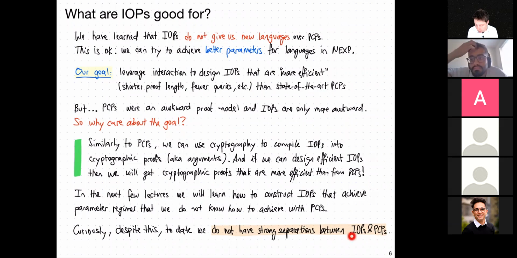We're focusing on constructing IOPs. Are we all comfortable with the motivation behind the study of IOPs? They can still be useful for cryptographic proofs, and they will give us a bigger design space in which to achieve more efficiency.